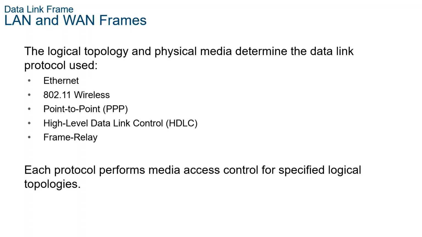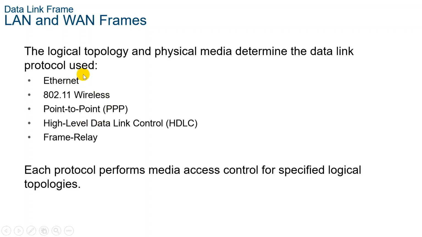Some of the most common WAN protocols over the years have included PPP, HDLC, and Frame Relay. You also have Asynchronous Transfer Mode, or ATM, which is not listed here, and X.25. These layer 2 protocols are now being replaced in the WAN by Ethernet.